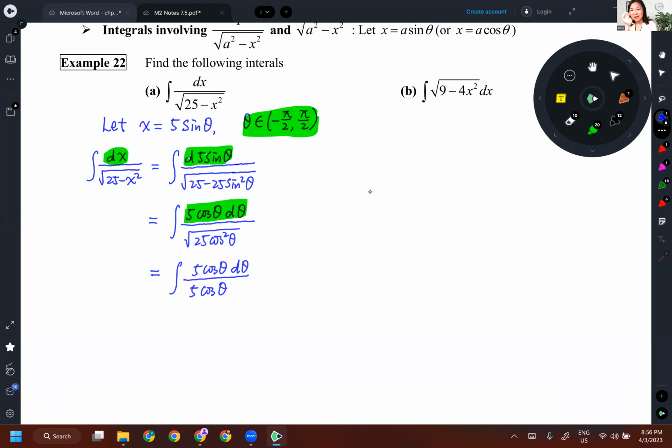You see how this is intricately linked? It really works out this way. Now, because my principal value is from negative 90 to 90 degrees, my angle lies in quadrant 4 or quadrant 1. So my cosine value is positive in quadrant 4 and quadrant 1.